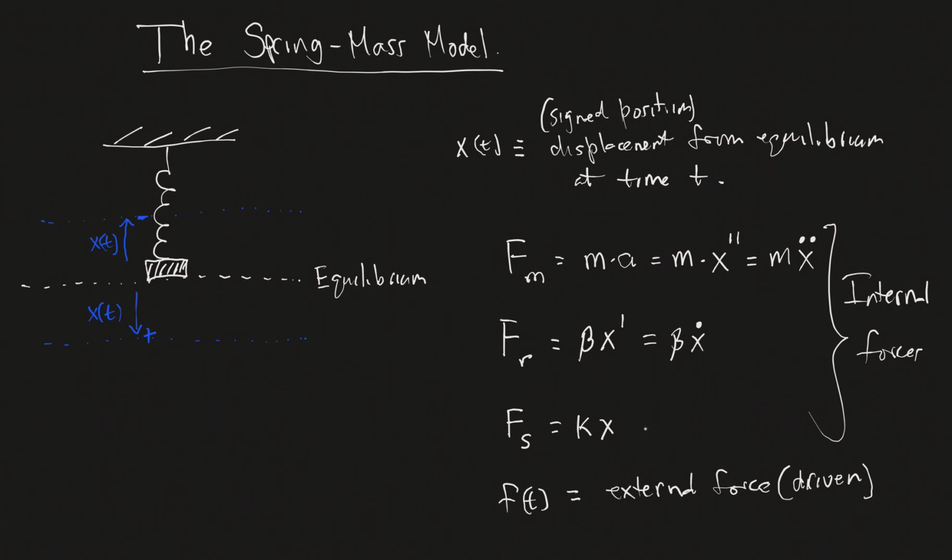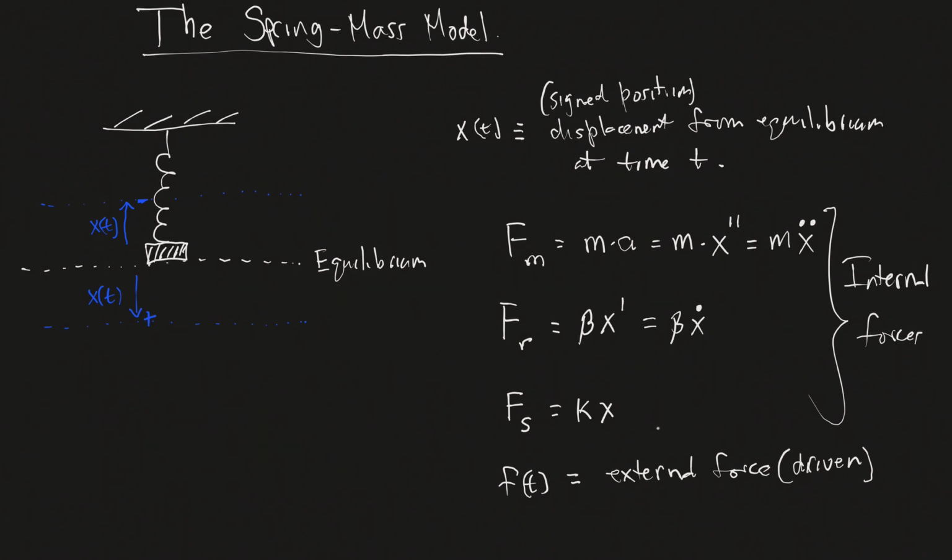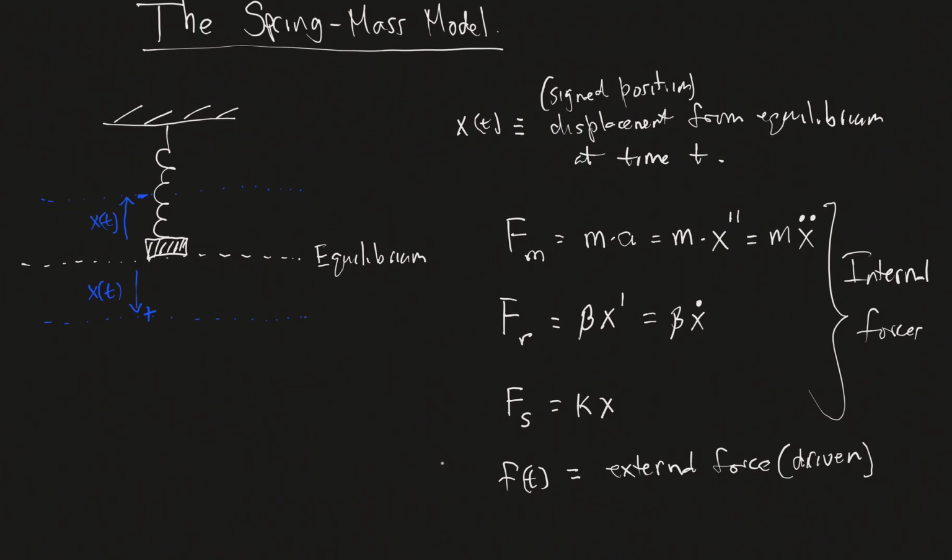Now, I mentioned that we're going to use a conservation law again, and there are lots of conservation laws. It's basically saying that nothing can be created or destroyed, but we just convert it from one form to the next. And basically, the sum of these internal forces must be equal to all the external forces that we apply. So let's write this down.